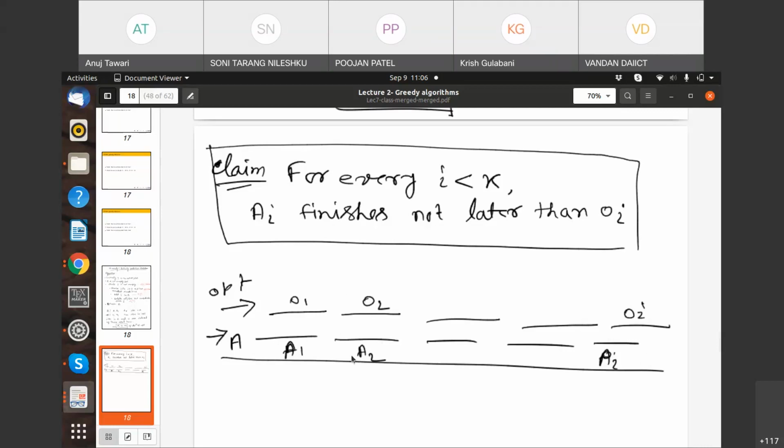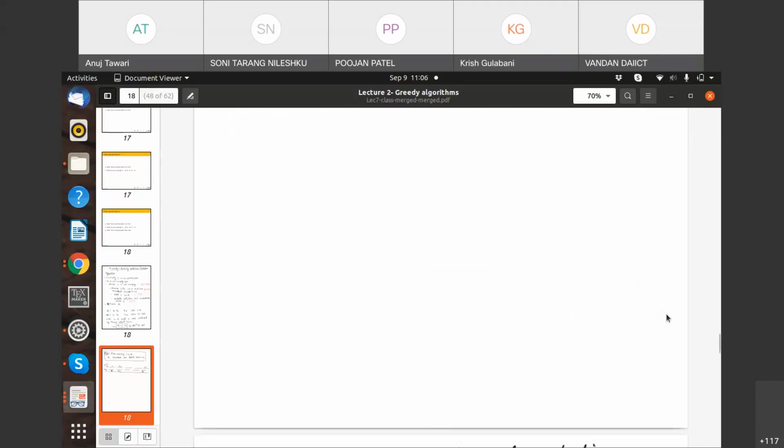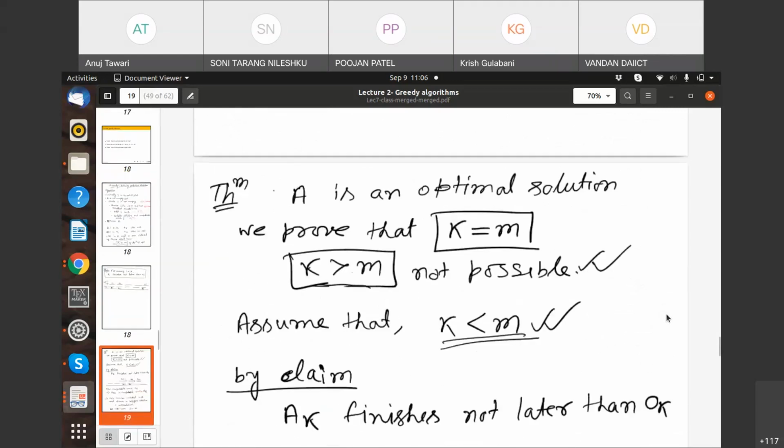Now we want to show that K should be equal to this M. Obviously K greater than M is not possible, because K is the number of jobs we got using our algorithm and M is the highest number.